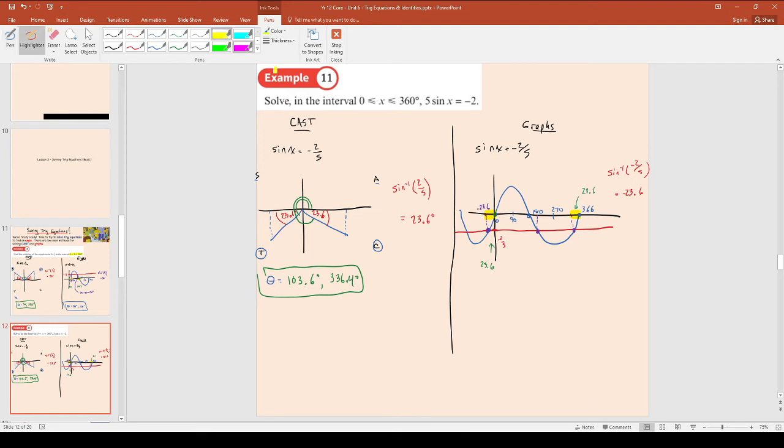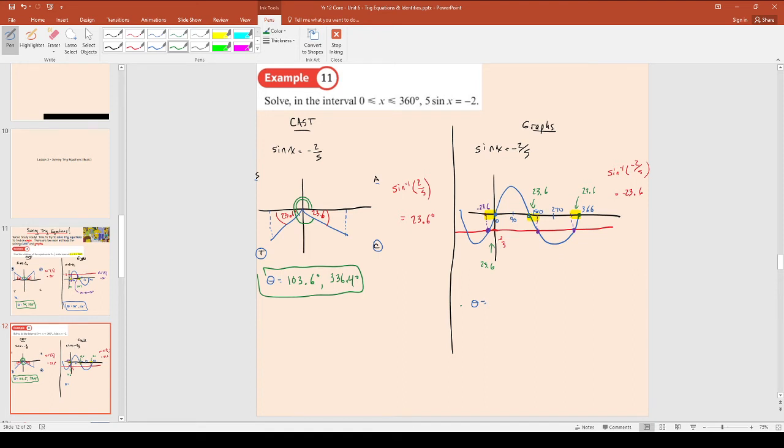And then also by symmetry, this distance here is also 23.6. Bit faffier than my way, I have to say. That's also 23.6. And now you can go for the final answers, just as you're used to. Because we know all those distances are equal, it's just going to be 360. The first one's going to be, let's do this one here, the 180 that's there.